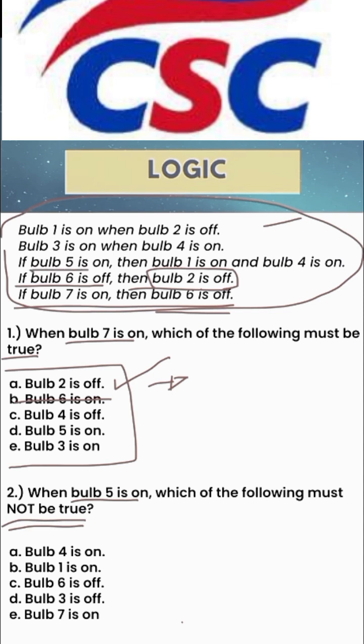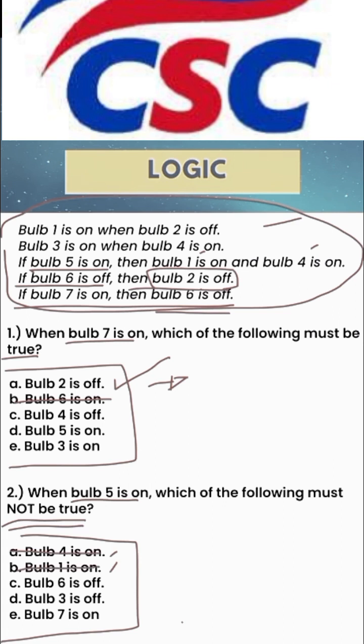Dito, if bulb 5 is on, then bulb 1 is on and bulb 4 is on. Okay. So, dito sa choices natin, may makikita po tayong bulb 1 is on. Ayan. At bulb 4 is on. So, tama yan. Pero ang hinahanap ay not be true. So, eliminate po natin yan.